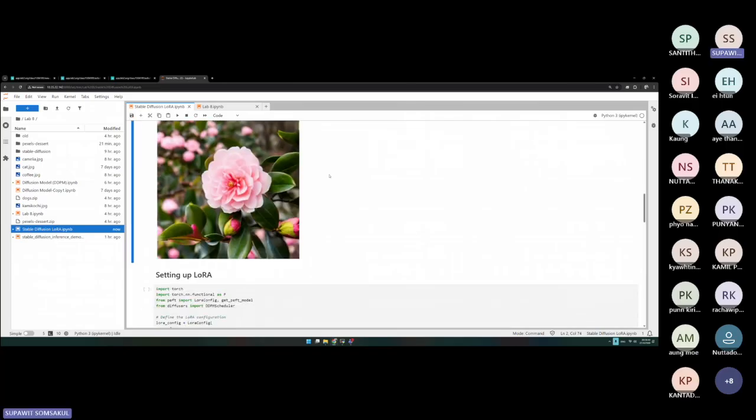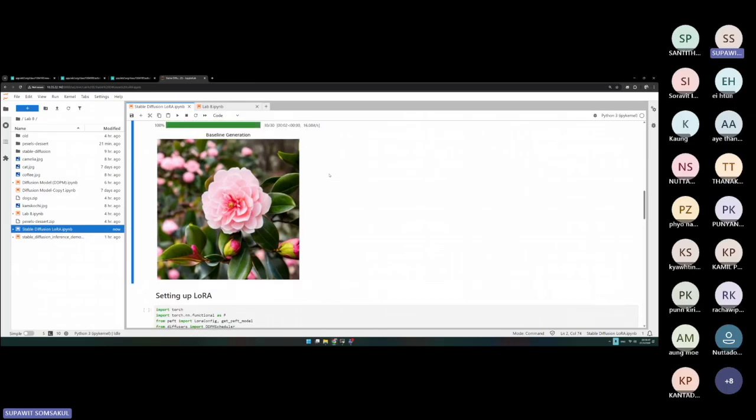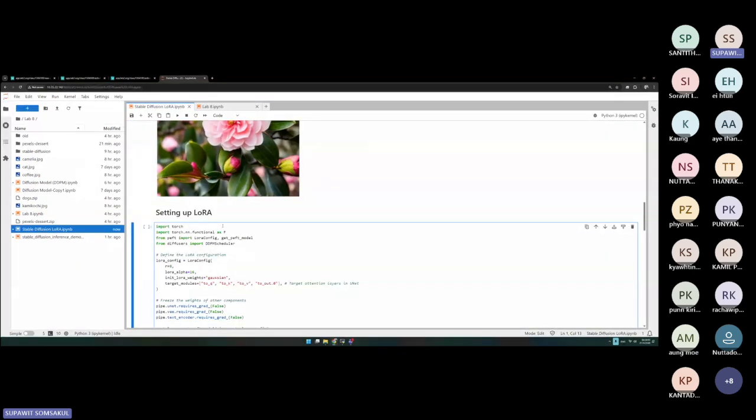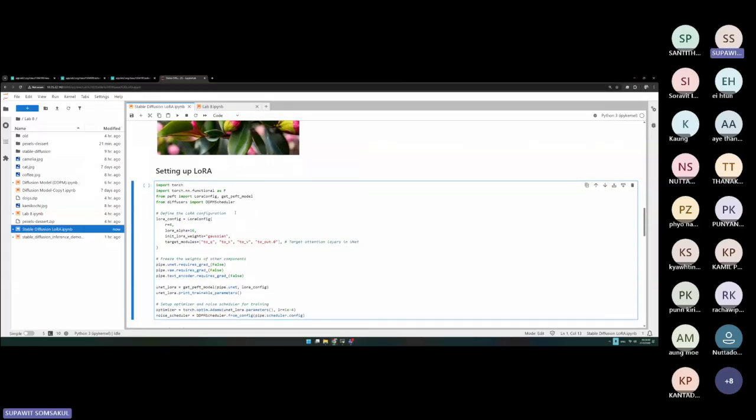So we are going to do similar steps as in fine tuning a normal transformer model. Here we just set up the LoRA. We are going to use the same library that we used last time called PEFT, parameter efficient fine tuning.